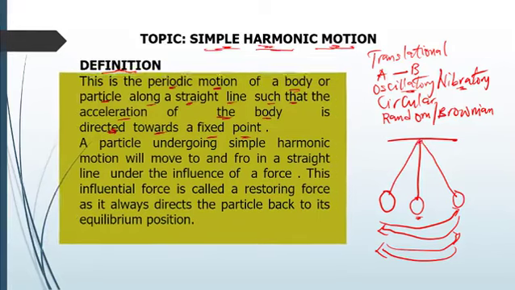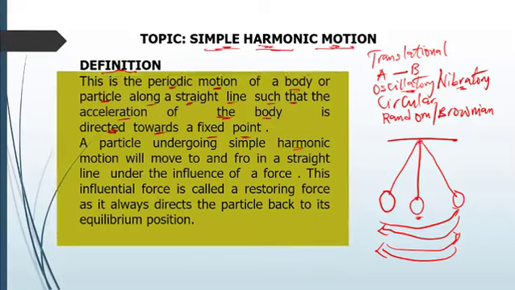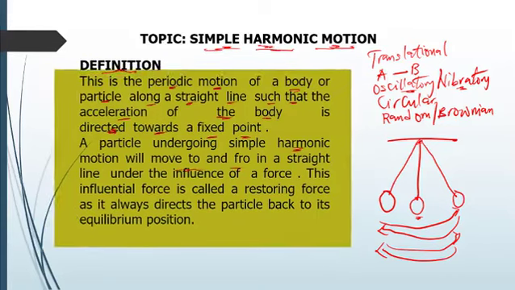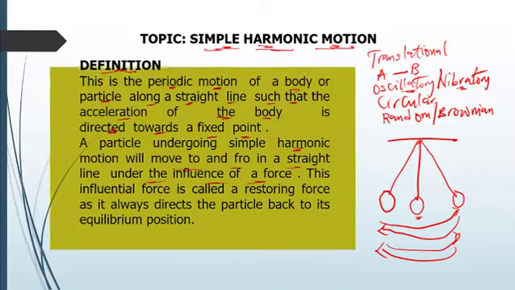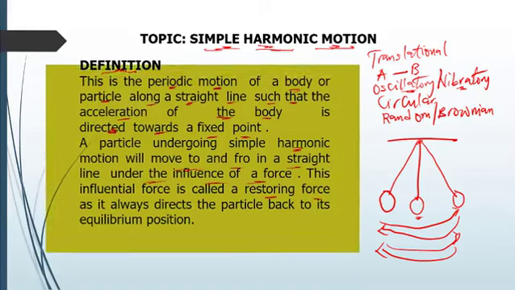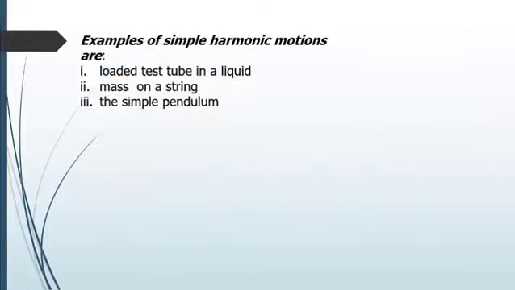Now, a particle that is undergoing simple harmonic motion will move to and fro, like we said, in a straight line under the influence of a force. This force is called a restoring force, which tends to bring it back to its original position. It keeps moving to and fro, always being directed back to its equilibrium position until it finally comes to rest.